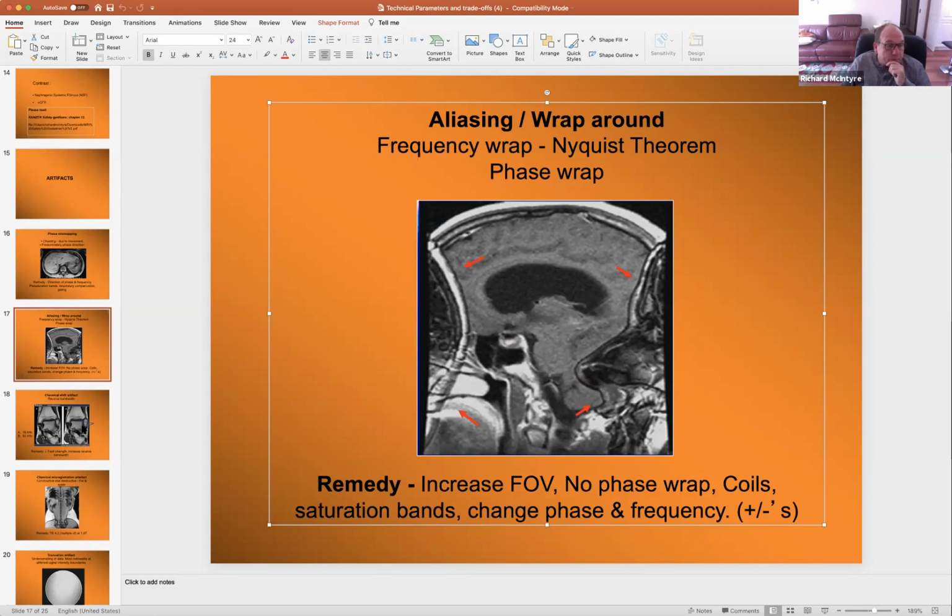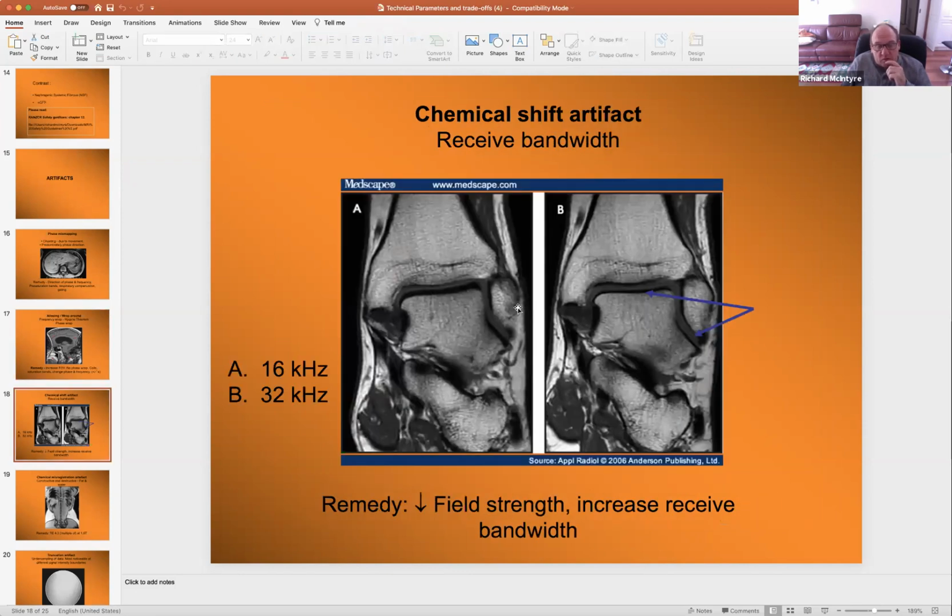Now, we talked the other week about frequency encoding. So obviously frequency encoding is in the frequency direction. I'm not going to go into it in a great deal, but there's the chemical shift artifact. Remember, the fat and the water precess at different rates. So if they precess at different rates, the machine thinks they're in a different position in the frequency axis.